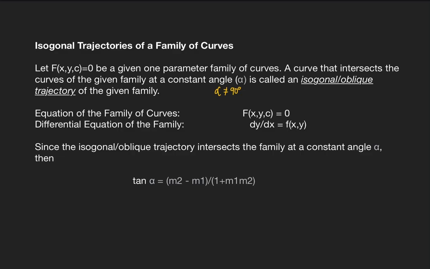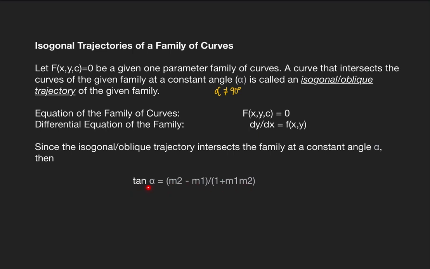The only difference of the isogonal trajectory from the orthogonal trajectories is that the angle between the curves is not 90 degrees anymore. And so to be able to find the DE of the isogonal trajectory, we're not going to find the negative reciprocal of the slope of the DE of the family anymore, but instead we're going to use this equation right here.